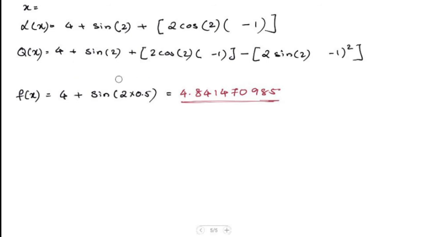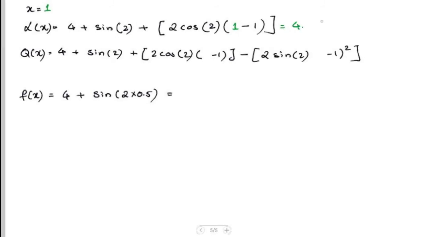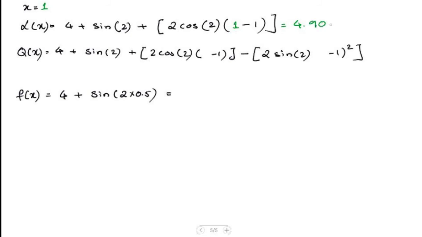Okay, all right. So here we'll have x equal to 1. So here we have 1 minus 1, and that gives us the value here as 4.909297427.